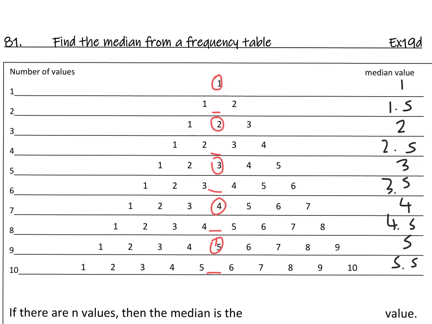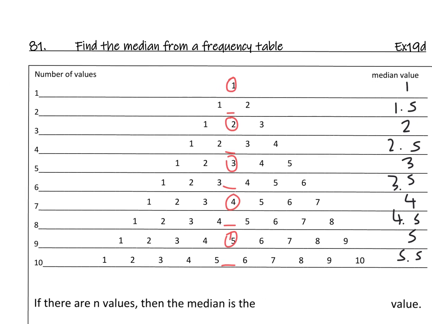How do we connect the number of values to the median? How do we get from 1 to 1, from 2 to 1.5, from 3 to 2, from 4 to 2.5, from 5 to 3, and so on?